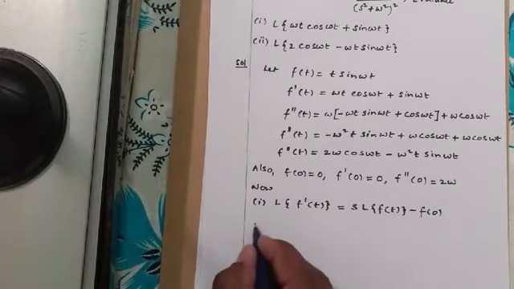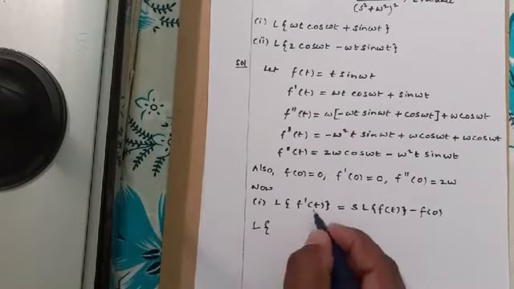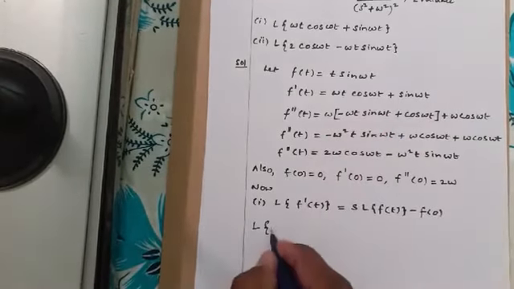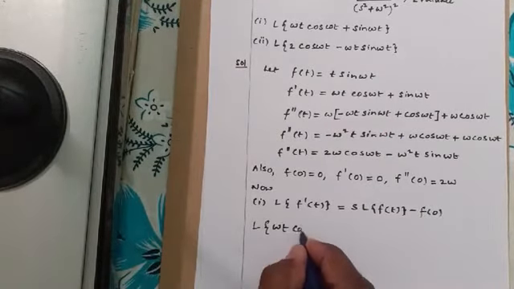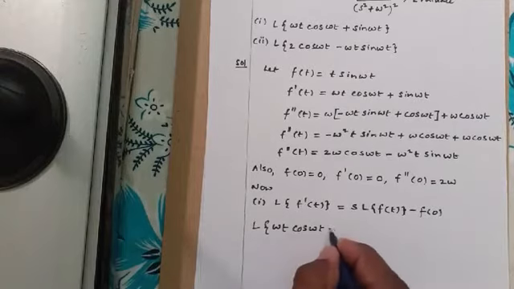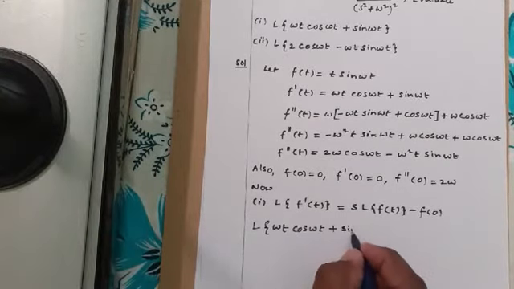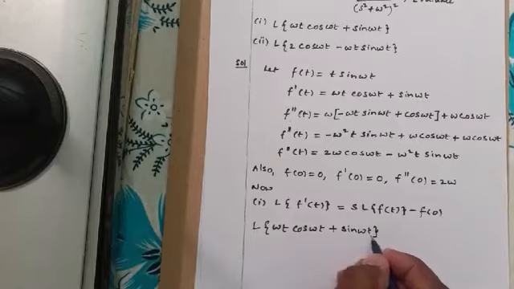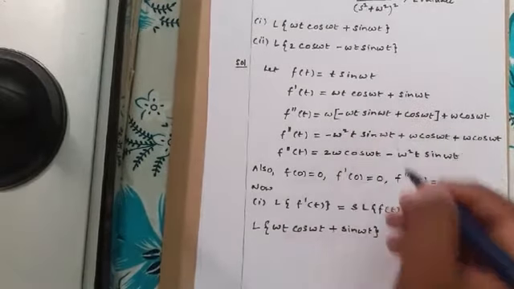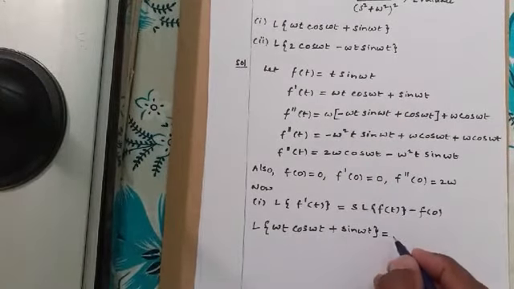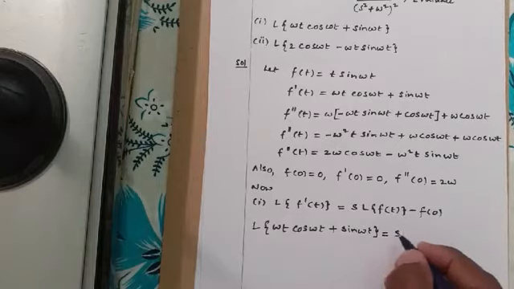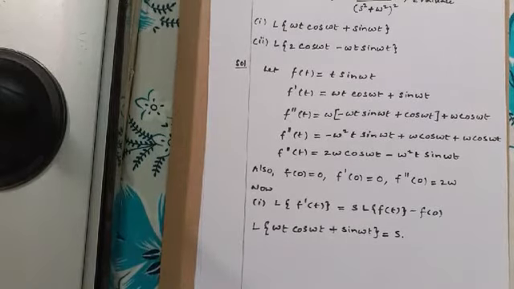Now Laplace of f dash of t, what we got here: omega t cos omega t plus sine omega t. In the place of f dash of t I am writing this one. Now it is equal to s into Laplace of f of t. It is given in the problem.